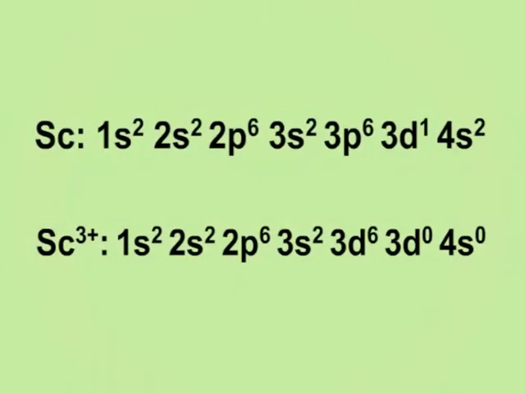Electrons present in 4s orbital in scandium are 2, whereas electrons present in Sc3+ are 0. Electrons present in 3d orbital in scandium is 1, whereas electrons present in Sc3+ are 0.